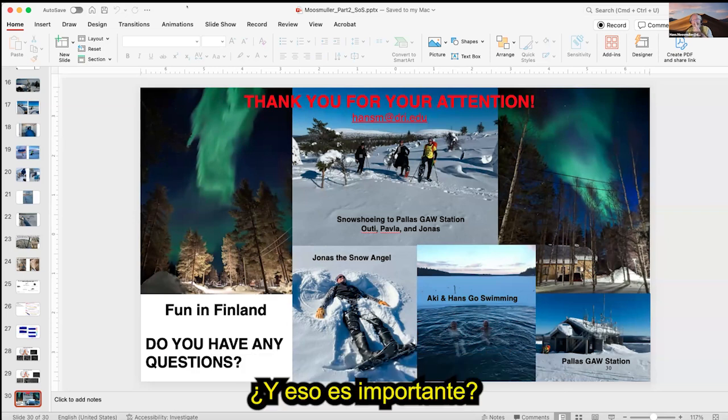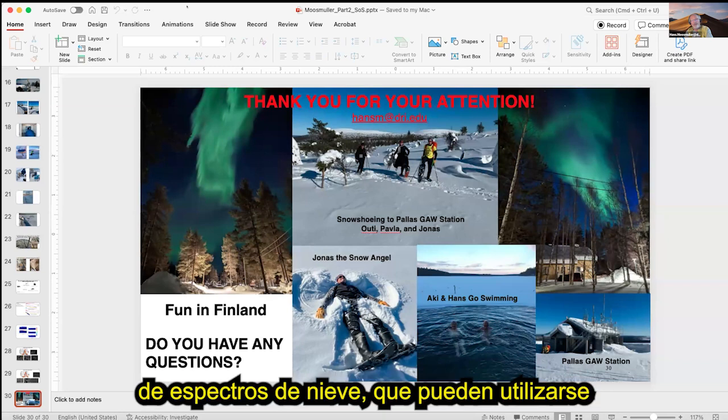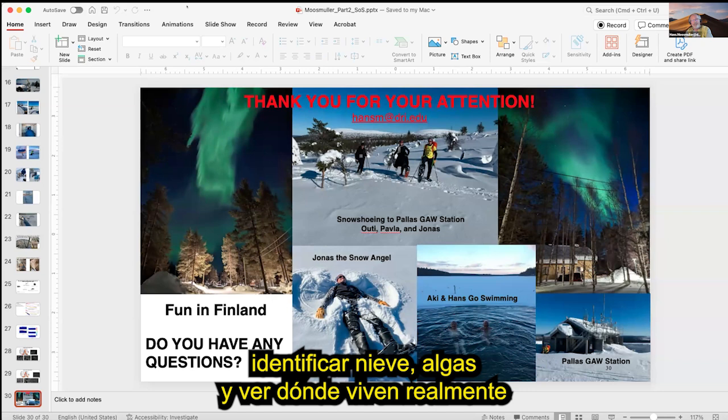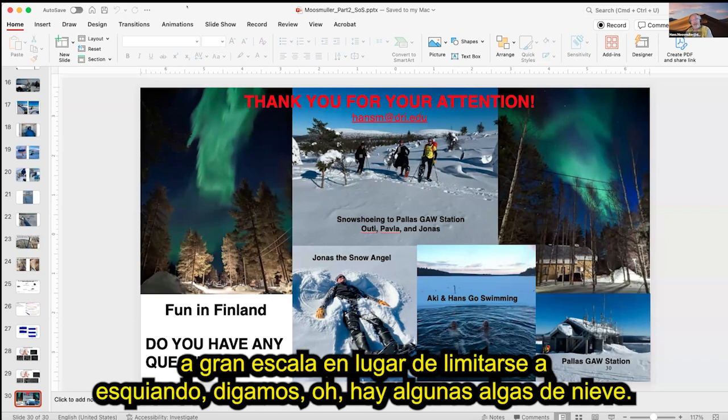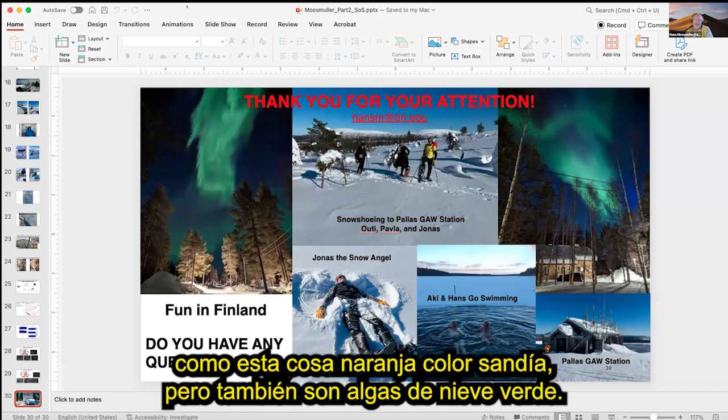And is that important? What we really need is an airborne survey of snow spectra, which can be used to identify snow algae and see where they really live on a large scale, instead of just going skiing and saying, oh, there's some snow algae. And the other thing is, I always thought of snow algae as this watermelon colored orange pink, but there are also green snow algae.